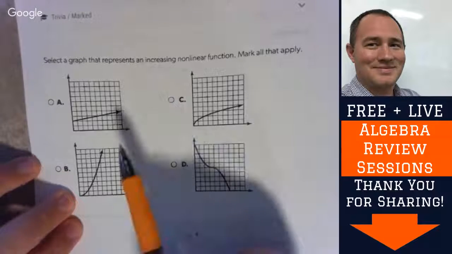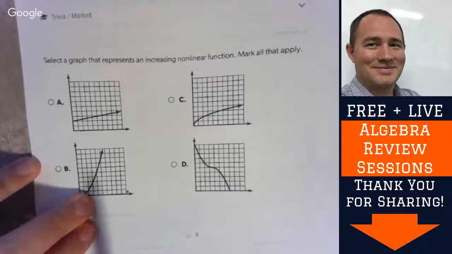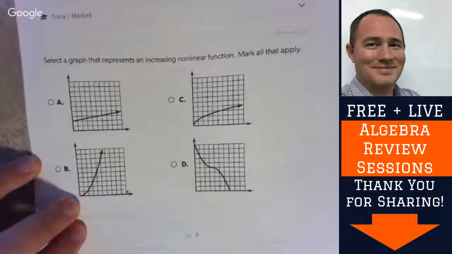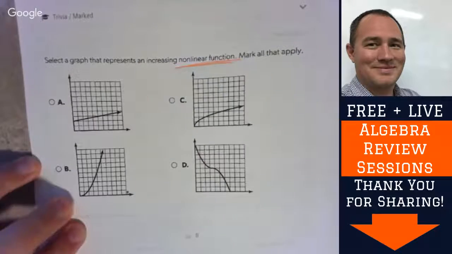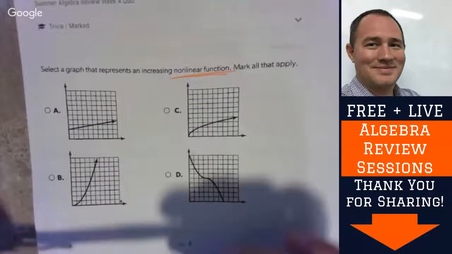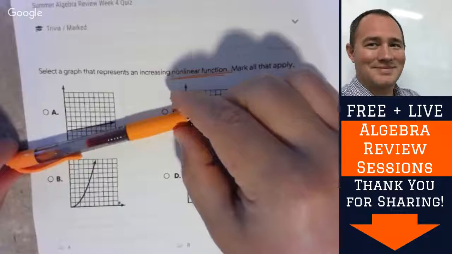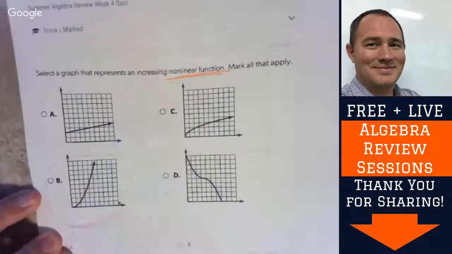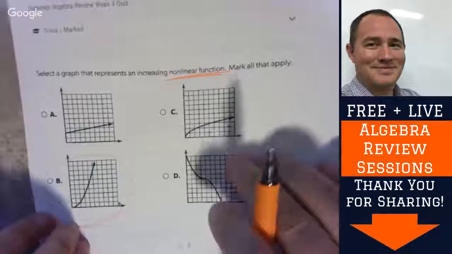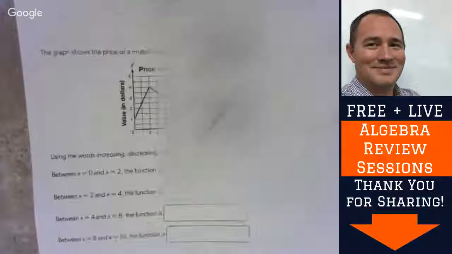So that is true on A, B, and C. Those are all increasing. If you were to walk from left to right, you'd be going uphill. But we want something that is nonlinear. So the only linear function we have here would be A, right? It follows a straight line here. And we're looking for a nonlinear increasing function. So that would be B. Okay, so that's number one.